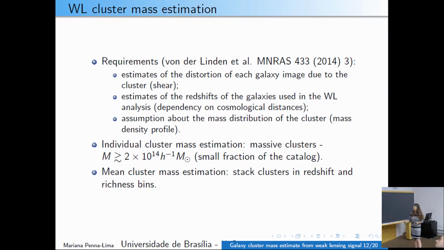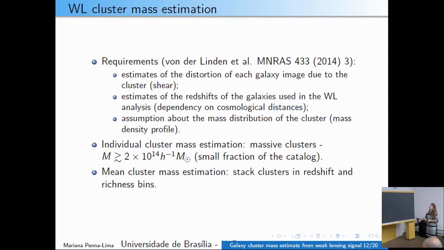Now I'm going to talk specifically about the weak lensing cluster mass estimate. The requirements that we need are the estimates of the distortion of each galaxy image due to the cluster shear.